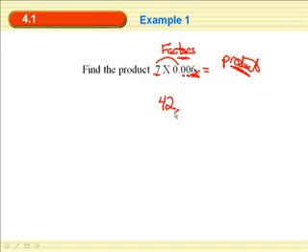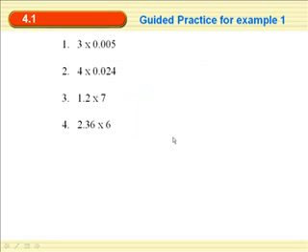So I start on the back and I go 1, 2, 3. The decimal's there, I fill it with a 0, and I should always put a 0 on the front part. So the answer to 7 times 6 thousandths is 42 thousandths. That's multiplying with decimals. So let's do some of these in the guided practice.